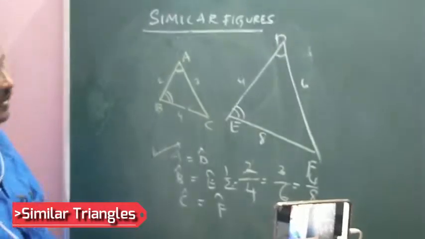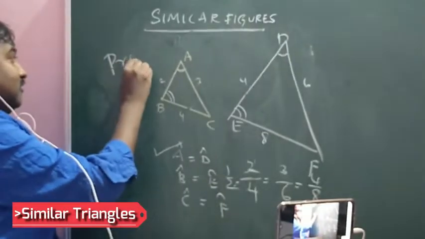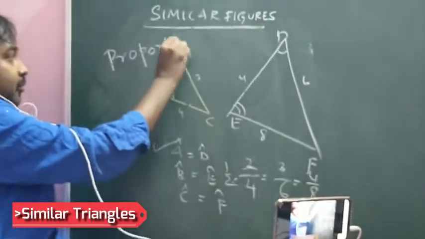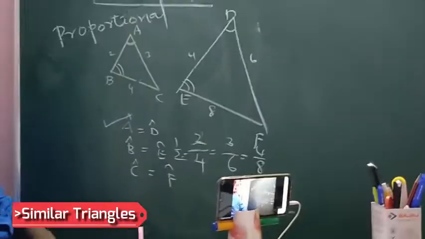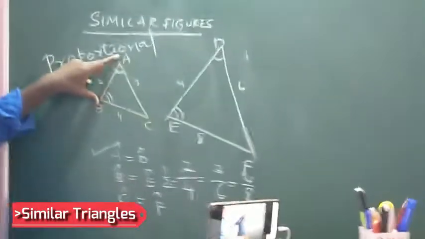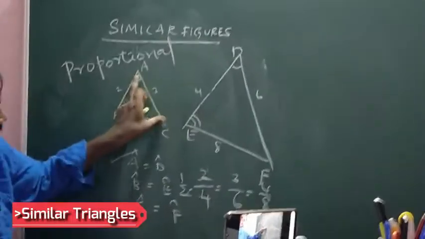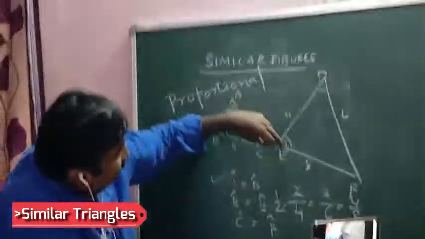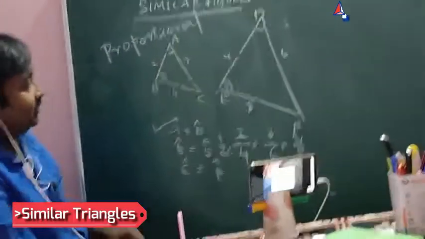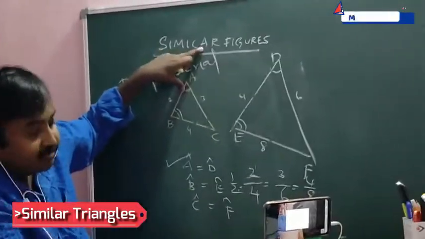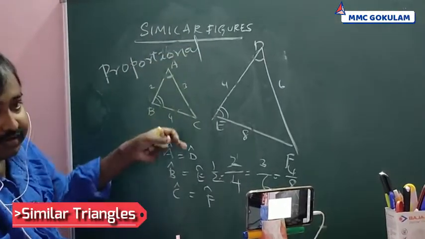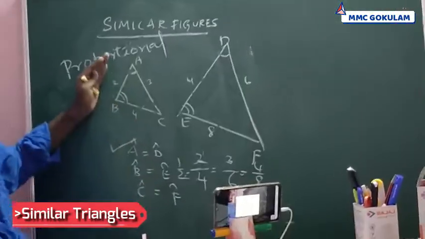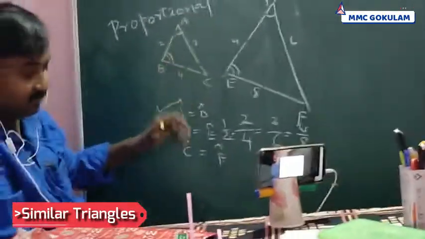If two ratios are equal, then it is called proportional. They are in the same ratios. Here side 2 is doubled to 4, 3 becomes 6, 4 becomes 8. Not only double, you can triple also: 2 threes are 6, 3 threes are 9, 4 threes are 12. Then also, it is called similar triangles.